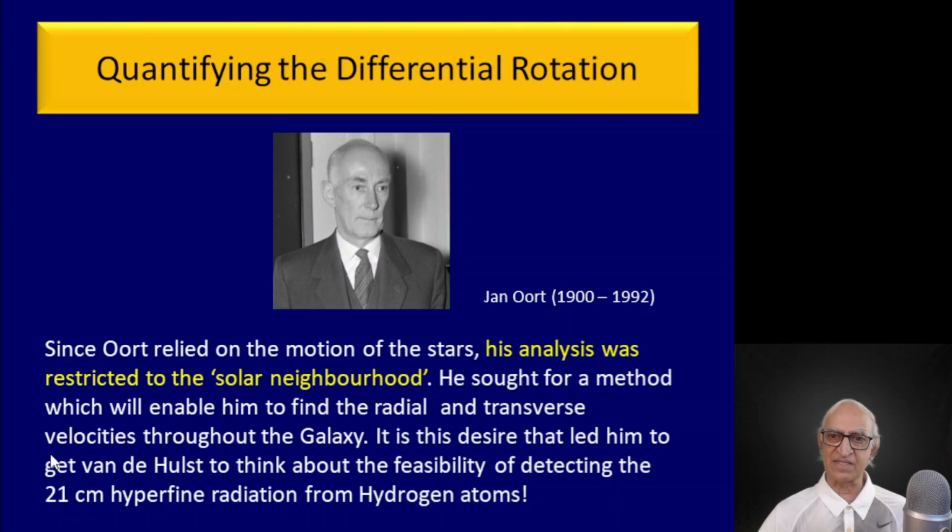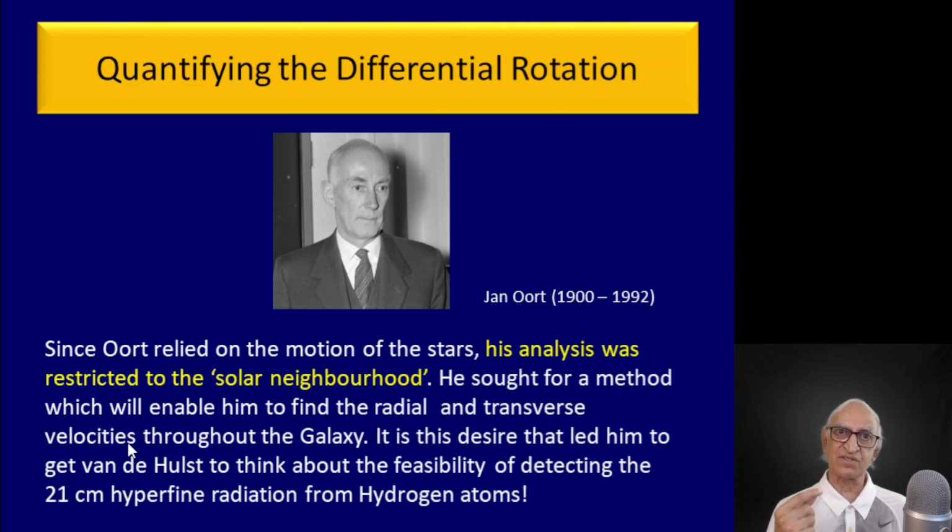So Oort had an idea. Since Oort relied on the motion of stars, his analysis was restricted to the solar neighborhood. He sought a method which will enable him to find the radial and transverse velocities throughout the galaxy. Now remember, to measure velocity, you are going to use Doppler shift.